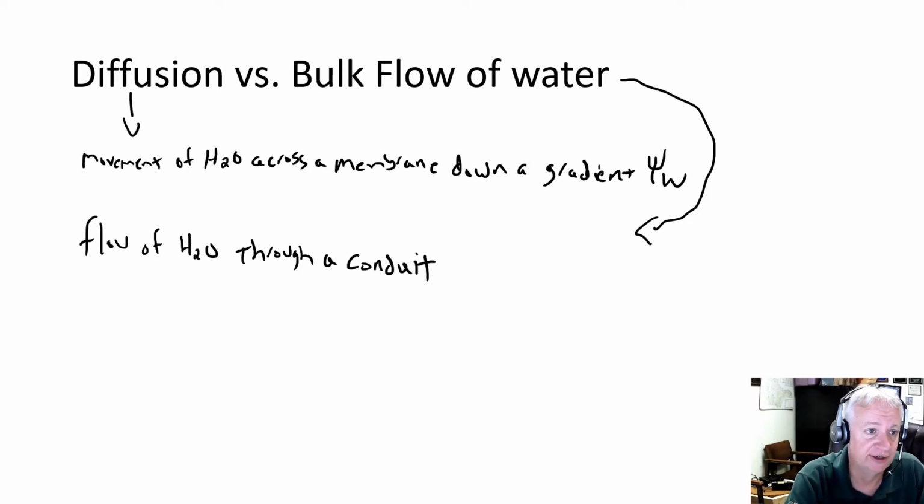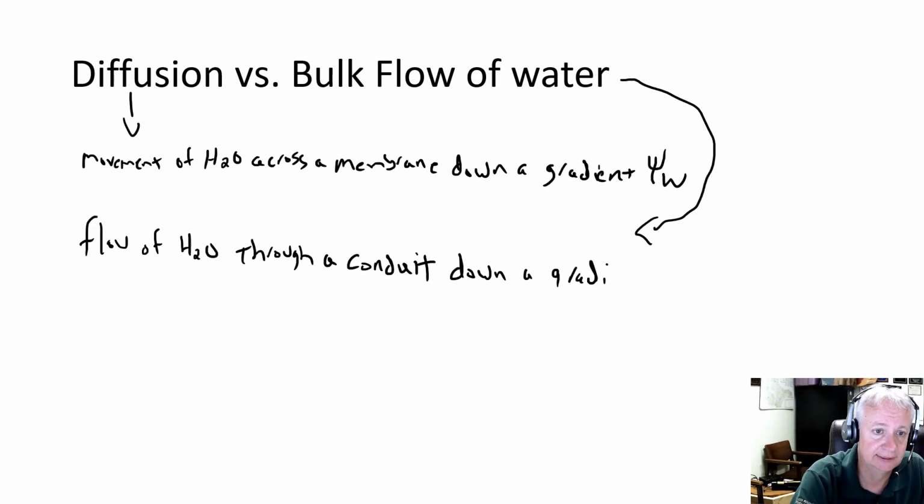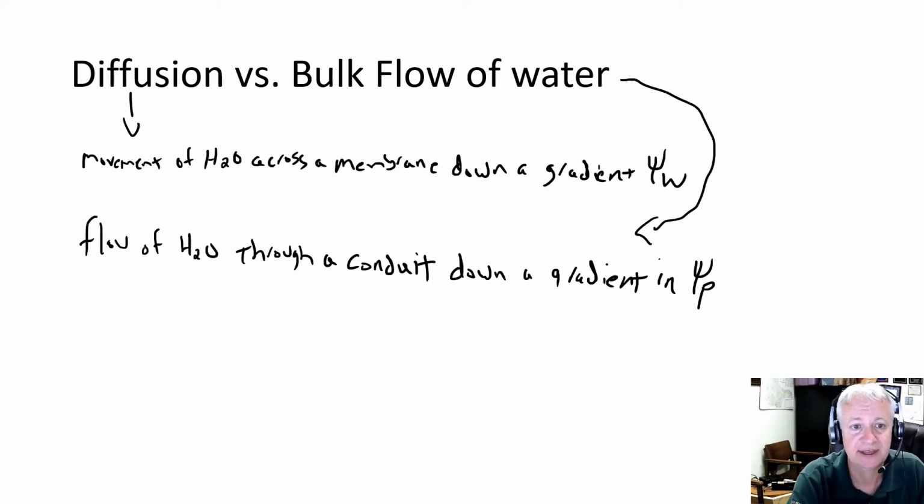But it's just flow of water through a conduit down a gradient. In this case, it's usually down a gradient in pressure. So usually in that pipe, whether it's a vessel element or a tracheid, there's a pressure potential gradient, sort of like in a drinking straw. And I'll give you some examples in a second.